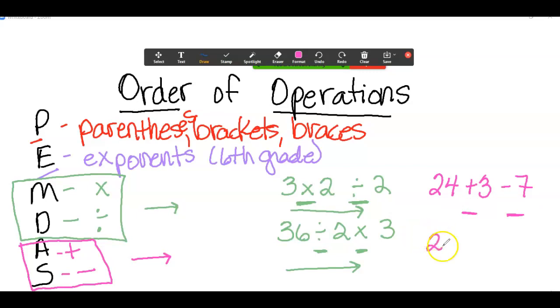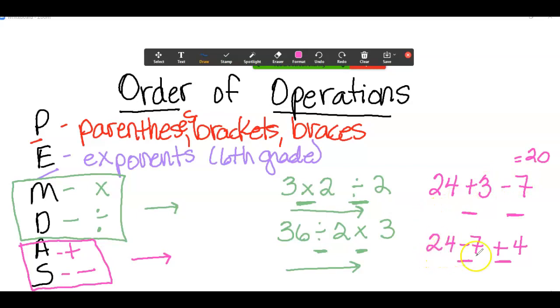But if it's written this way, subtraction is first and addition is last because I go from left to right. I want you to think about that for a minute. If I do this, 24 plus 3 is 27, minus 7 is 20.